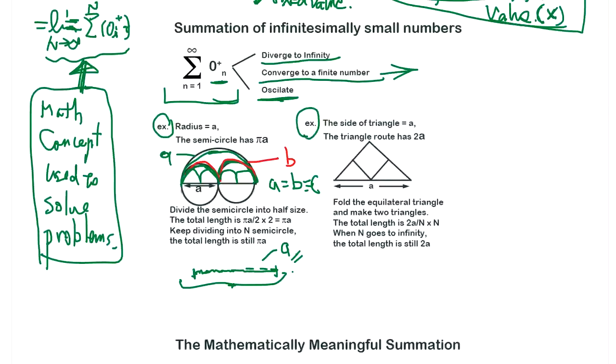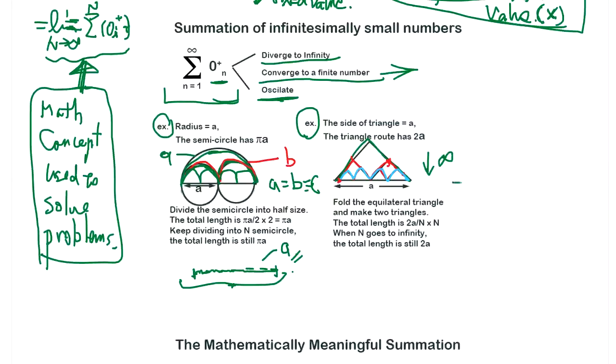Another example, the same thing. This length, you divide into the middle point. This length will be the same. If you repeat that, this length will be the same. So you repeat this operation infinite times.